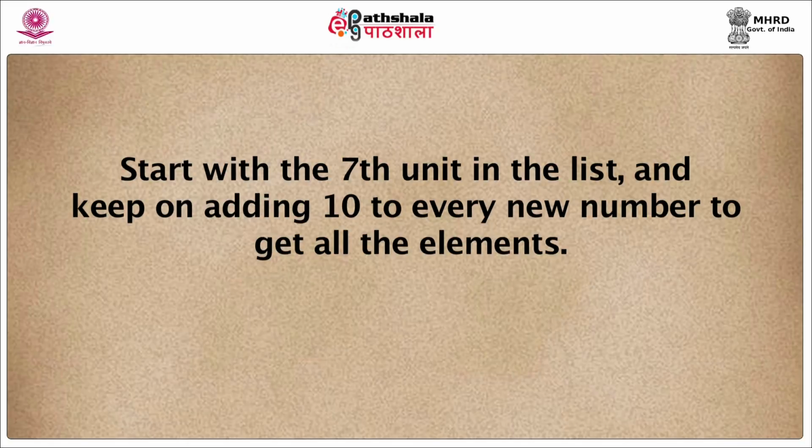Start with the 7th unit in the list and keep on adding 10 to every new number to get all the elements. Following the procedure, you will get a sequence of 7, 17, 27, 37 and so on.